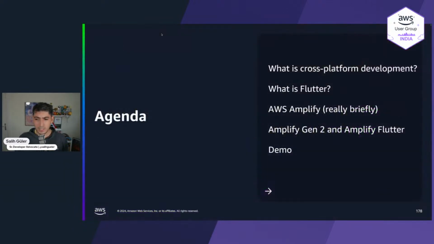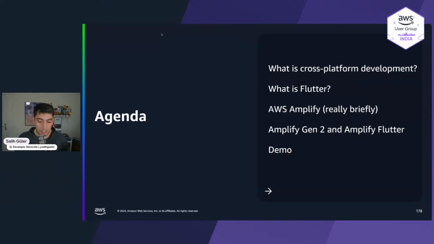So today's agenda, we will briefly talk about cross-platform development because for some folks who have not gotten their hands dirty with the front-end side, that might be a bit vague. And we will have a brief talk about Flutter, and we will talk about AWS Amplify super briefly because there were a few days of events. So check out the videos from previous days to see what AWS Amplify is.